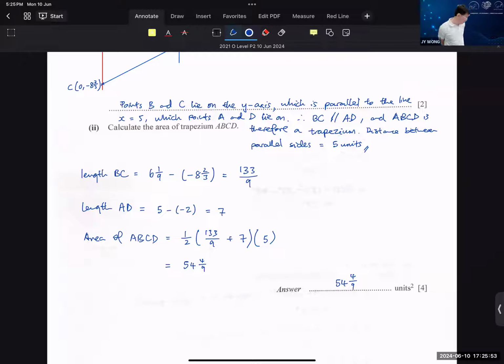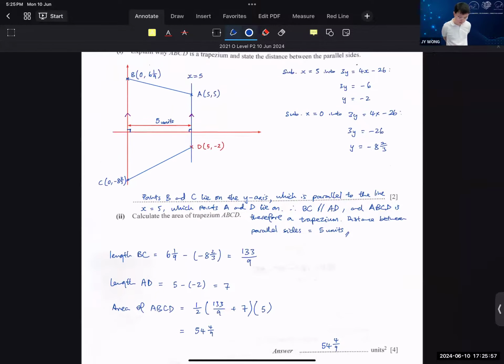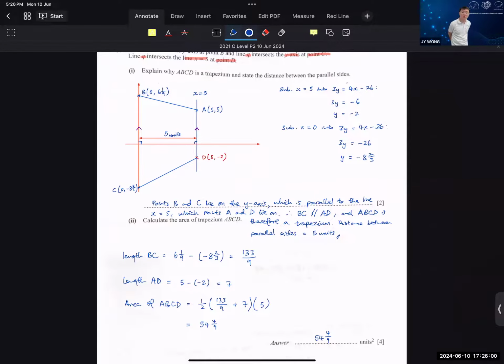Which also suggests that probably the examiners were maybe not looking at this particular way of solving part 1, I don't know. Maybe the question wanted you to find the equation of BC and find the equation of AD and then show that they are parallel because they have the same gradient. I'm guessing that's what the question wanted you to do. That's my suspicion.